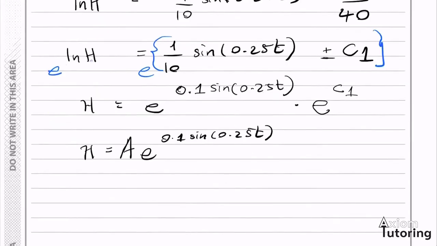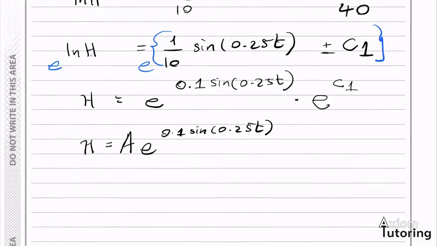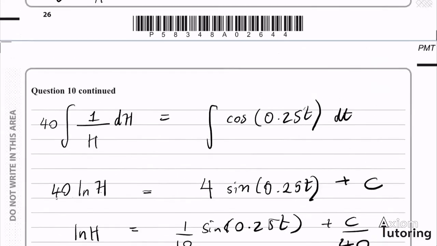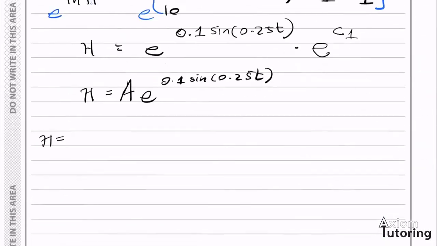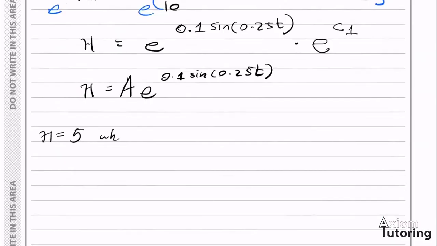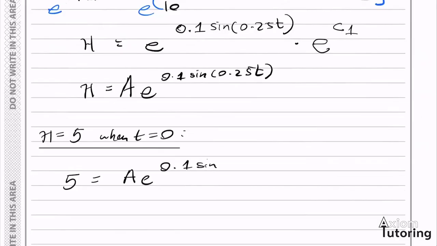So now is a good time for us to apply our boundary conditions. And our boundary conditions, as we initially wrote them down, h equals 5 when t equals 0. Therefore, 5 equals a e to the power of 0.1 sine of 0.25 times 0.